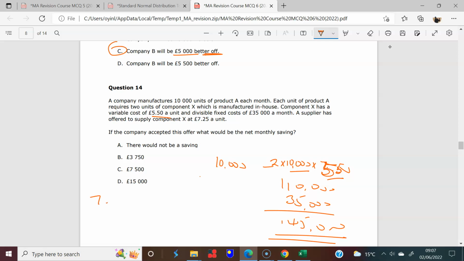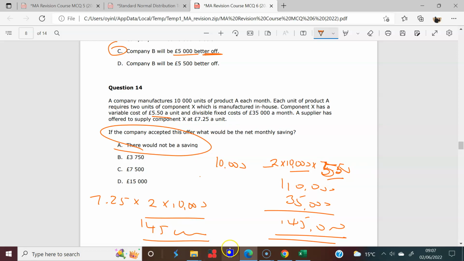So £7.25 times 2 times 10,000 is 145,000 exactly as well. So no, there would be no saving. Your answer here is A. There'd be no saving. They're exactly the same thing, aren't they? You can see that. Exactly the same thing.